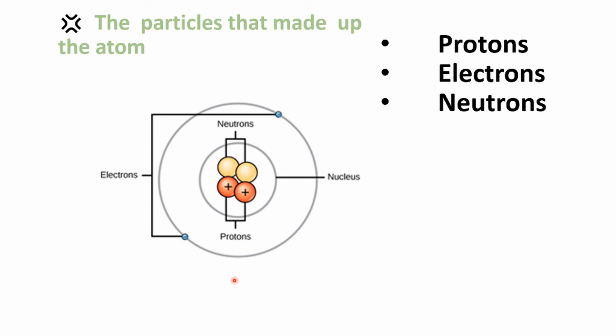Here is an atom. It consists of neutrons, protons, and electrons that move around the nucleus. They are called subatomic particles.